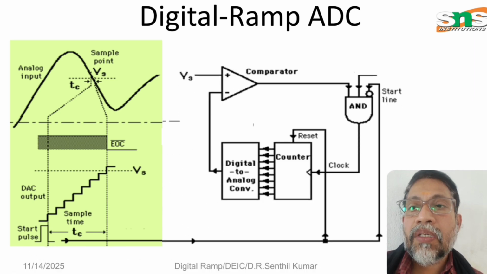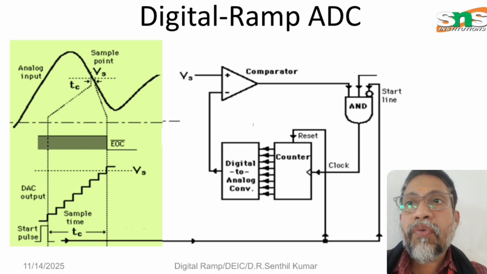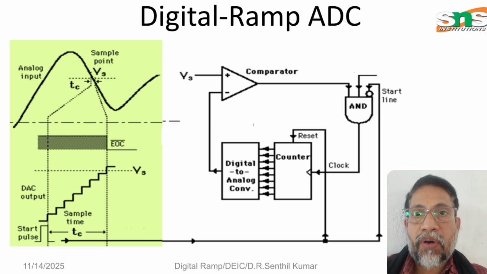See here the circuit diagram for a digital ramp ADC, where an AND gate is given at the top right. The clock pulse is given as the input to the AND gate, where the number of clock pulses is counted with the help of a counter.